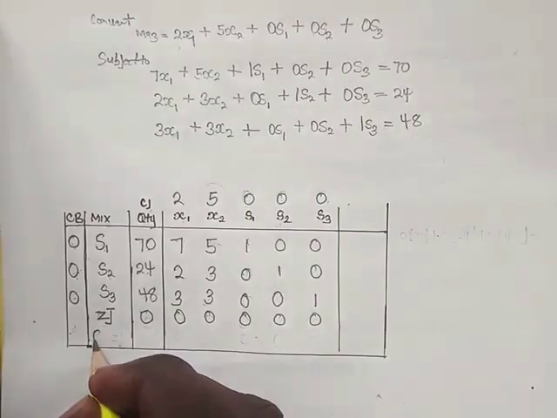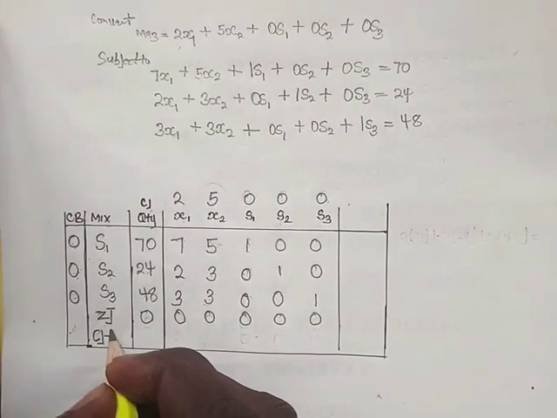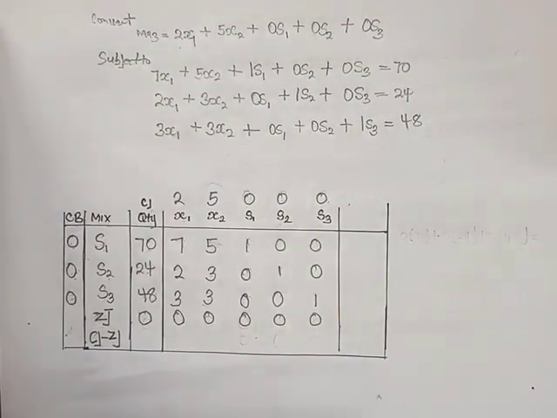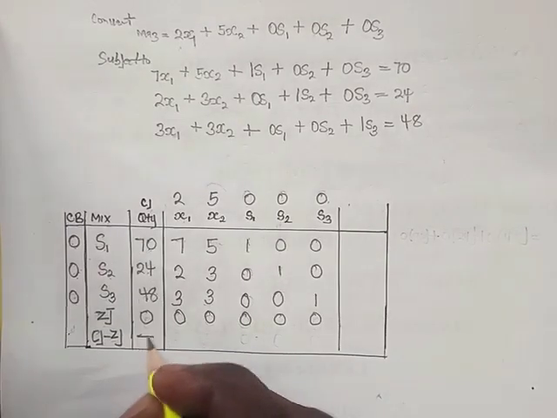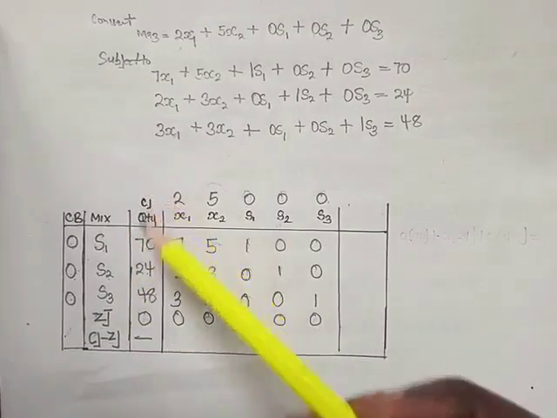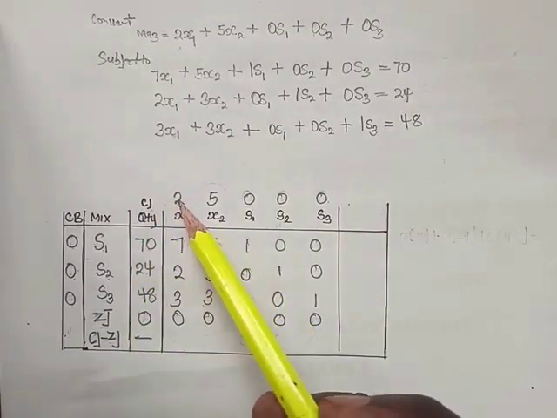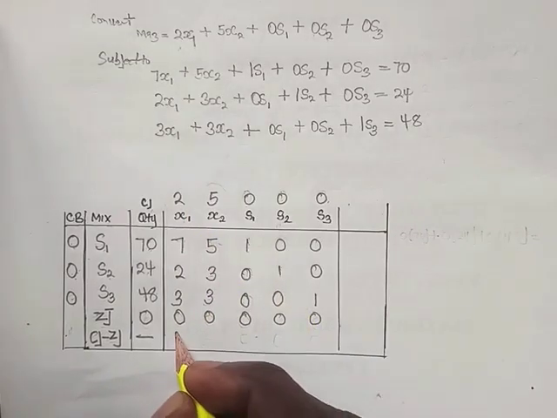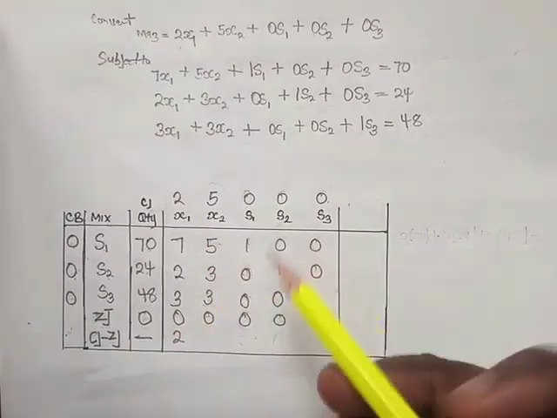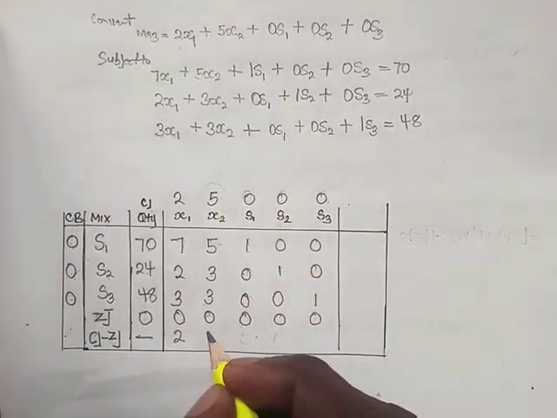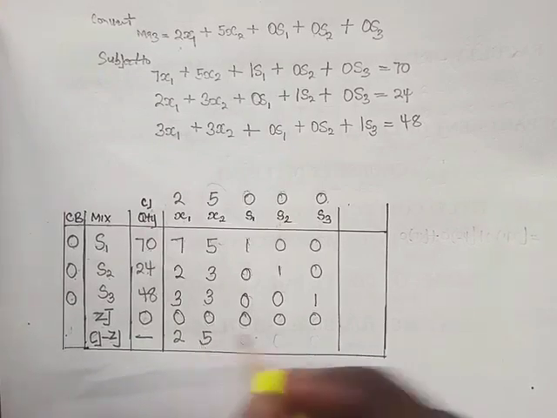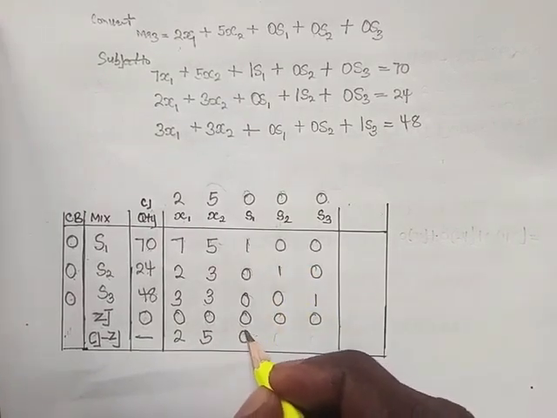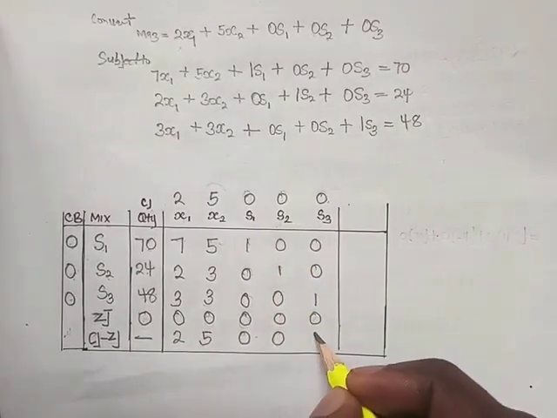So let's solve for our Cj minus Zj. The Zj is up there already. This will be dash. By saying 2 minus 0, which is 2, 5 minus 0, which is 5, 0 minus 0 is 0, 0, and 0.